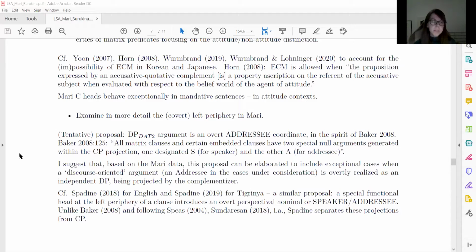And usually, what's interesting, they are separated from the CP. So we have CP first, and then we have those special projections for those special discourse-oriented arguments. And it would be really interesting to see if that is indeed necessary, or maybe we can actually collapse all of those projections together into one.